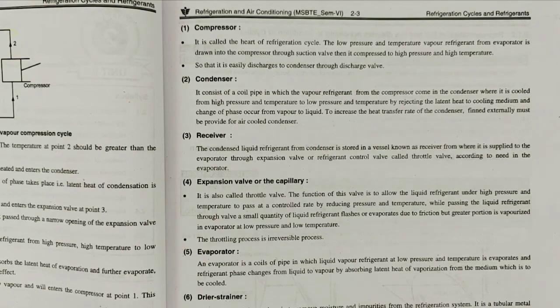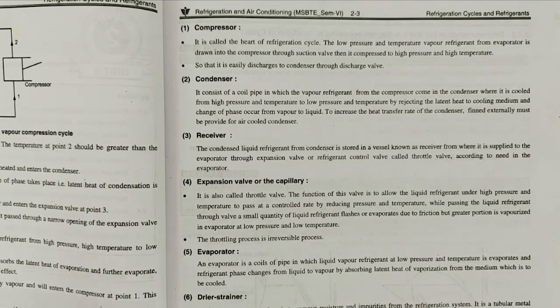The low pressure and temperature vapor refrigerant from evaporator is drawn into the compressor through suction valve. Then it is compressed to high pressure and high temperature so that it easily discharges to condenser through discharge valve. Condenser.